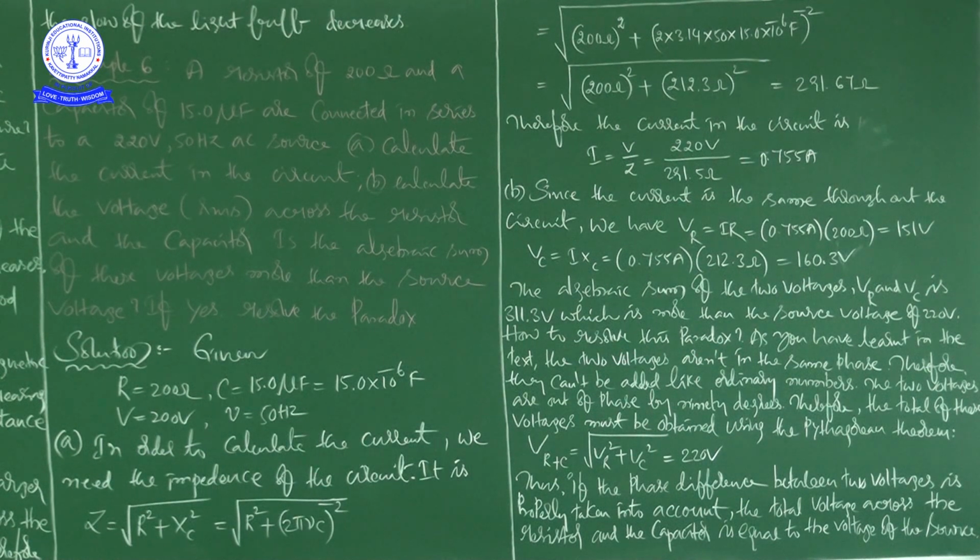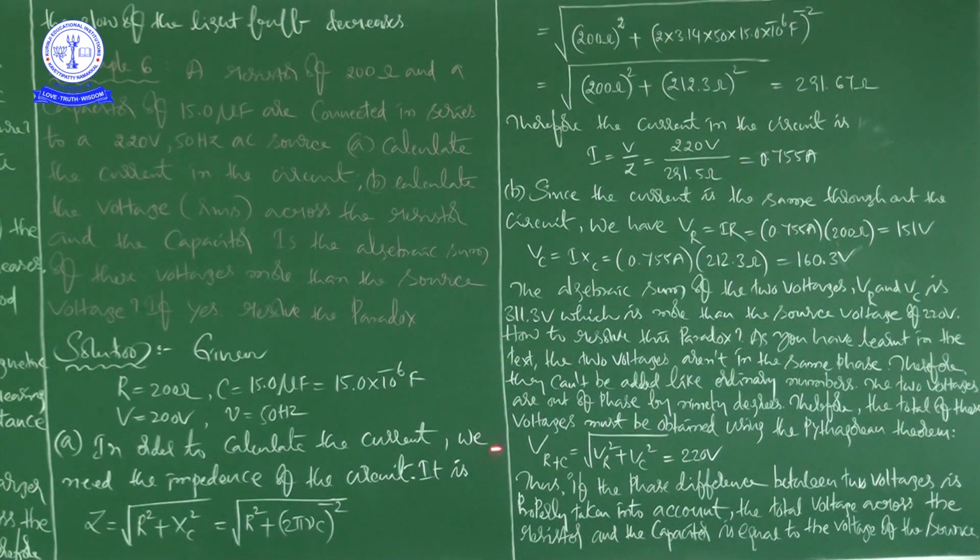As you have learnt in the text, the two voltages are not in the same phase. Therefore, they cannot be added like ordinary numbers. The two voltages are out of phase by 90 degrees.